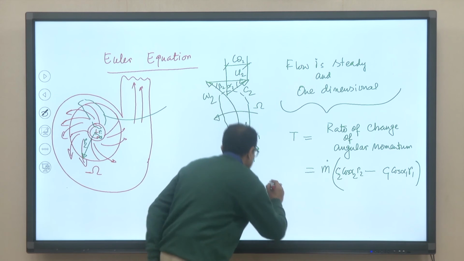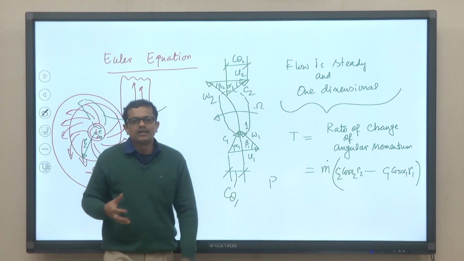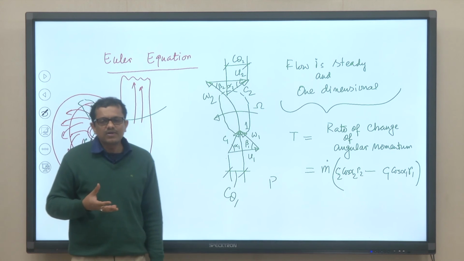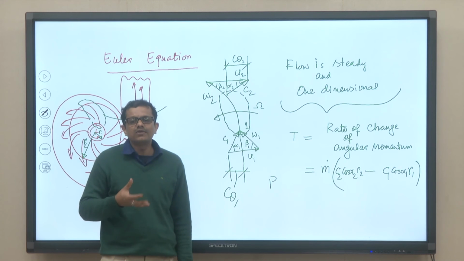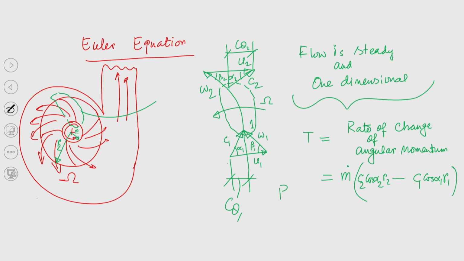If we try to write the power, we are interested in the power because ultimately we need to know the head which will be developed by the pump. If we consider the power, we can write torque into omega, because the pump is rotating at an angular velocity omega.